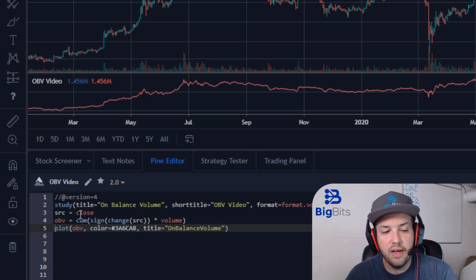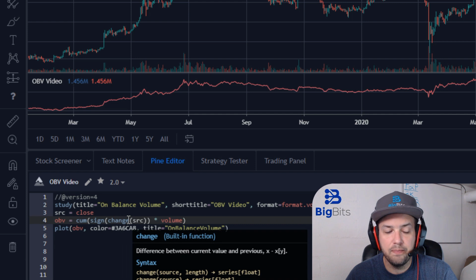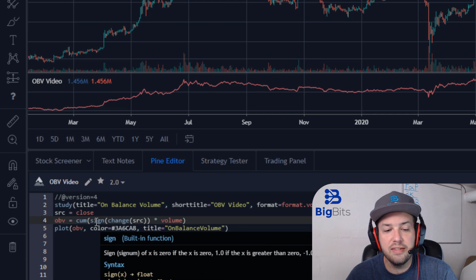So we get our source value, and that is the closing price. We get the change in price from the closing price of the current candle to the previous using the change function. That is going to give us a changing value, which could be positive or negative. This is the change from the current close to the previous close, exactly what we were doing in the other calculation. Then we are using the sign function.